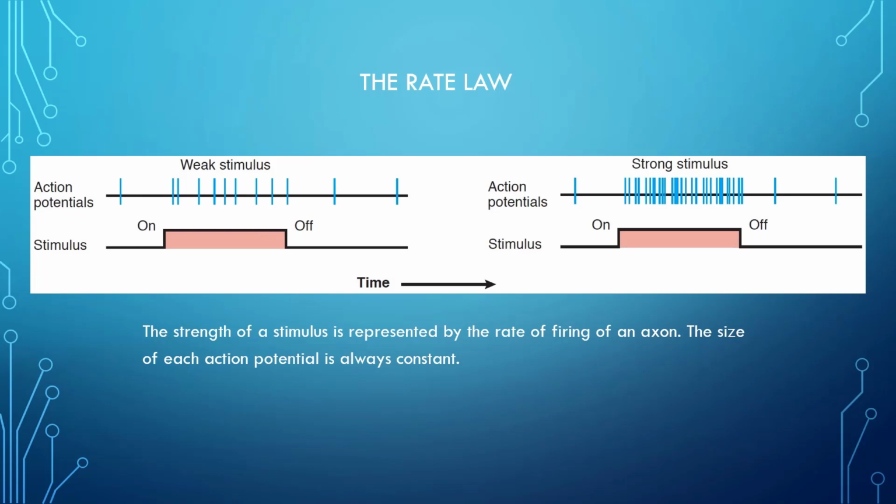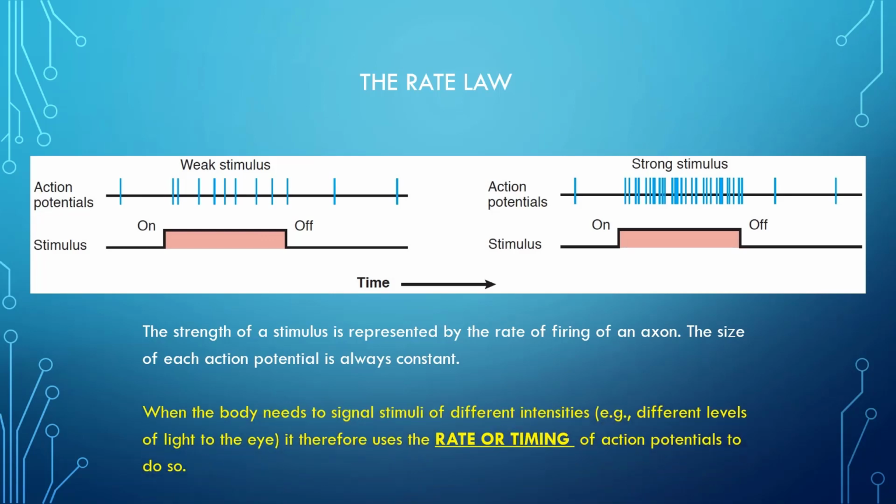And for all of these, the size of each action potential is always constant. So you can take this and apply it to any example that you want. Loudness of a sound, brightness of a light, but the most important thing is rate.